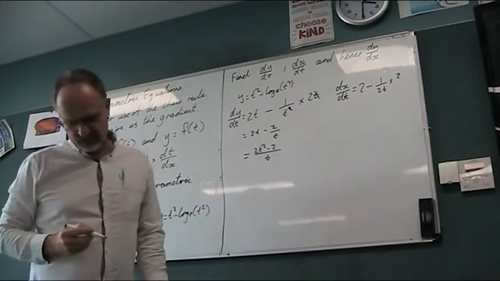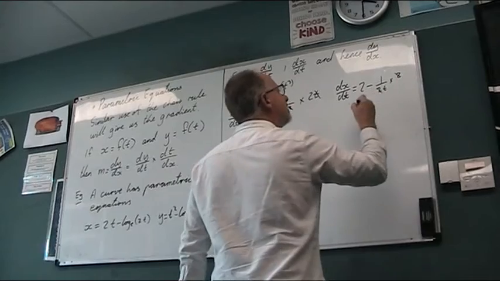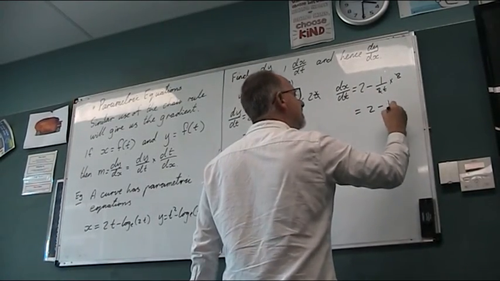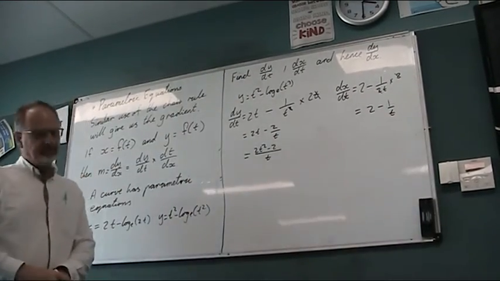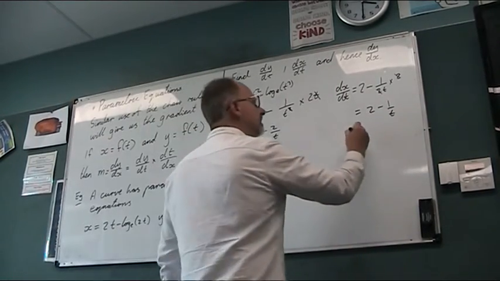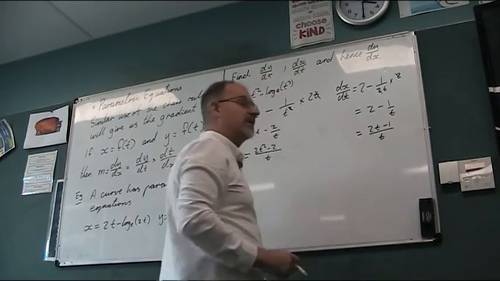So the 2's cancel out, leaving us with 2 minus 1 on t. Put that over a common denominator, it should then be 2t minus 1 over t, I hope.